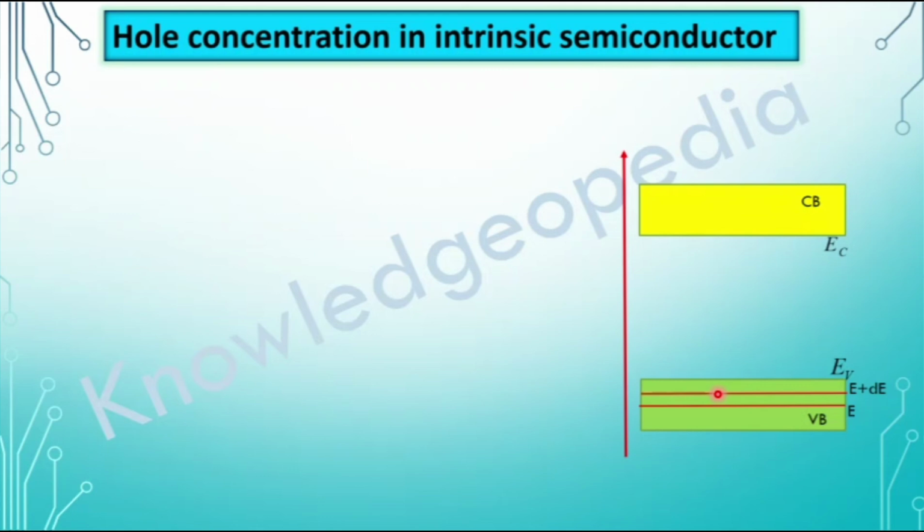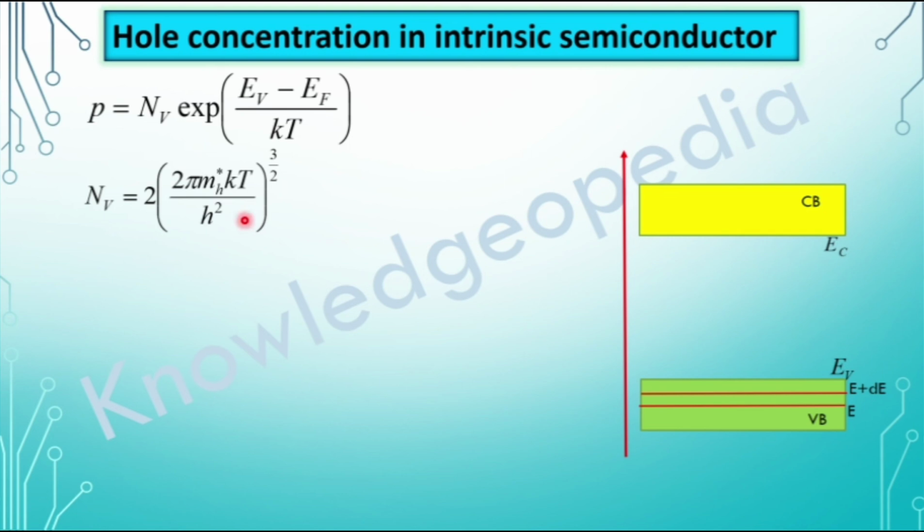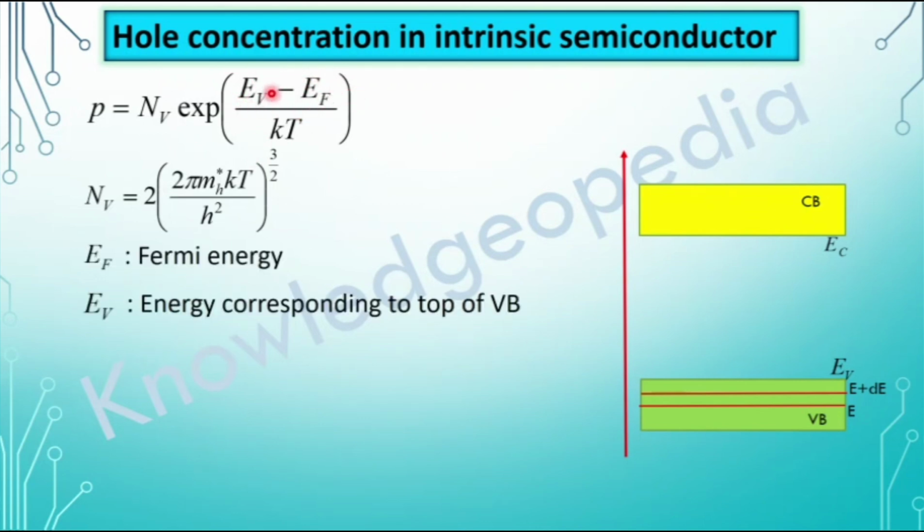And after doing all those calculations, we obtained the expression for hole concentration p is equal to Nv exponential Ev minus Ef by kt, and here this Nv is equal to 2 into 2 pi mh star kt by h square whole to the power 3 by 2. Ef is the Fermi energy, Ev is the energy corresponding to the top of the valence band.